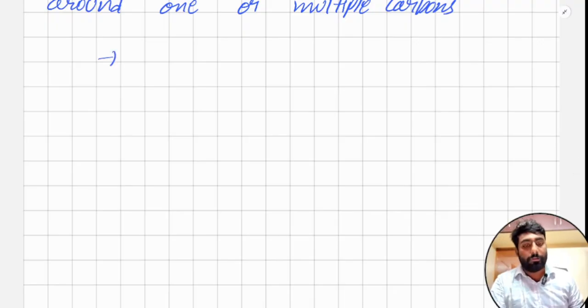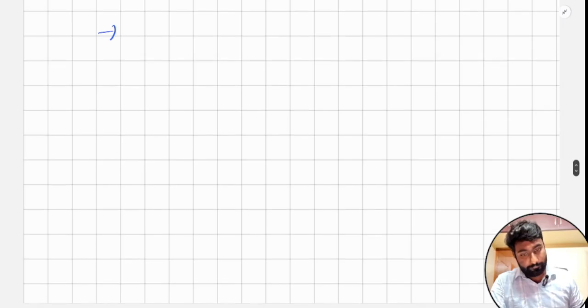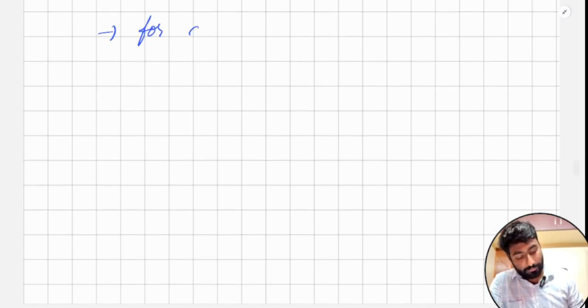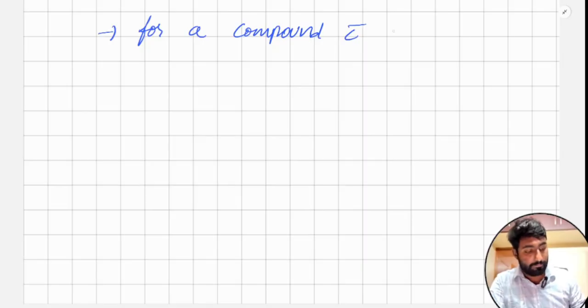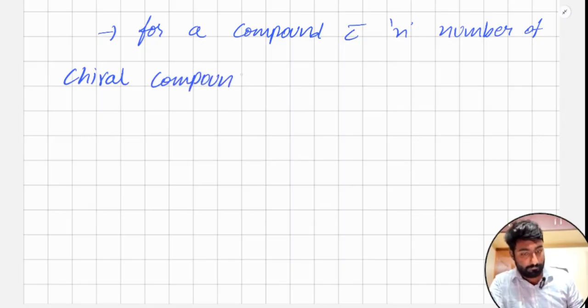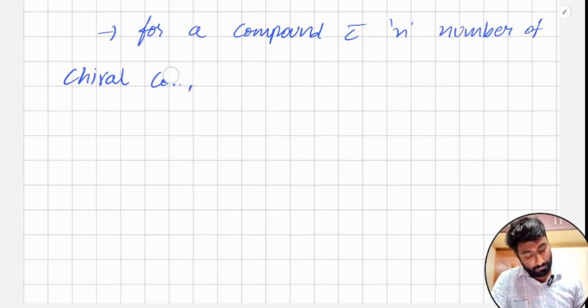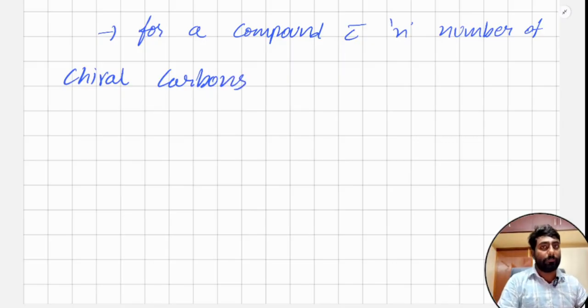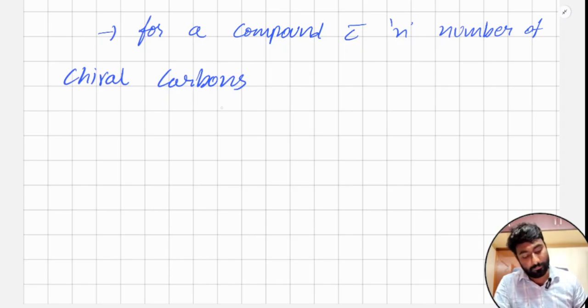Now, for a compound with n number of chiral carbons, how many stereoisomers can there be? It will be represented as 2 power n.